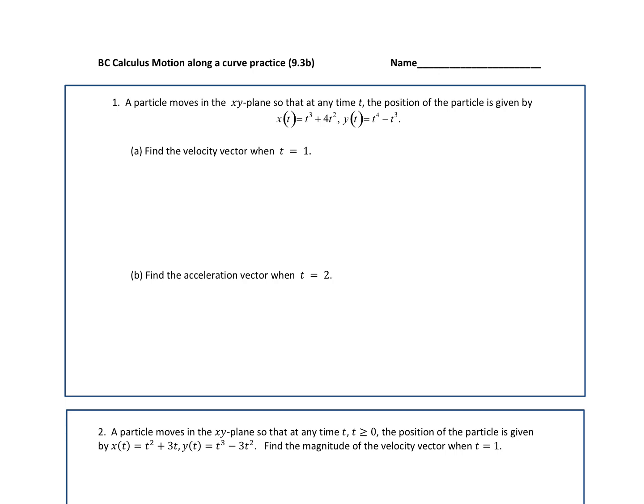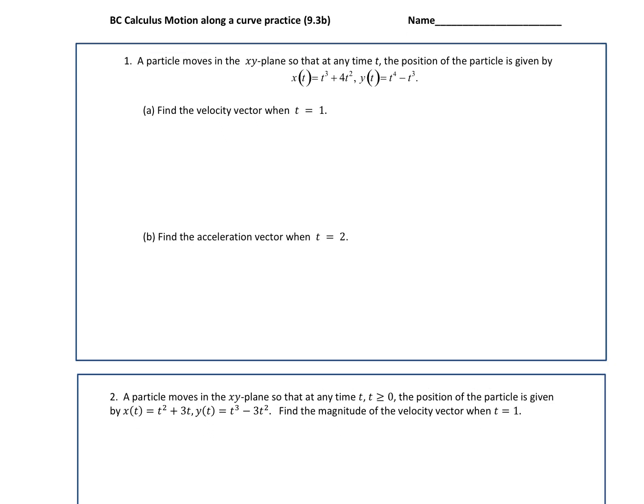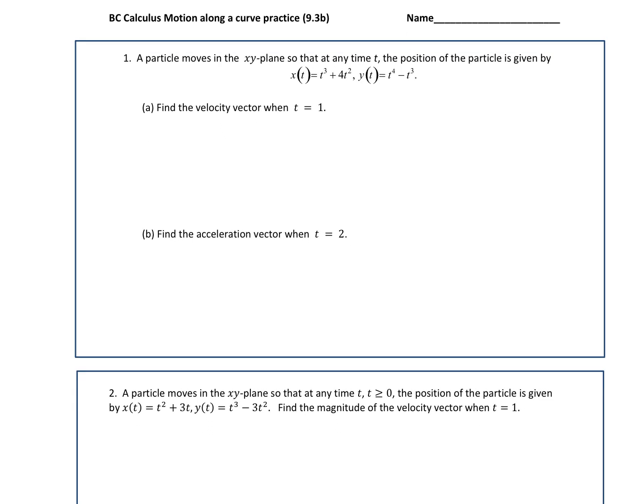In this case, they're giving us the position, so I'm simply going to derive it. So we're going to get x prime of t, and then it's going to be 3t squared plus 8t, and then y prime of t is going to be the derivative, which is going to be 4t cubed minus 3t squared, and they want to know the velocity vector when t equals 1.